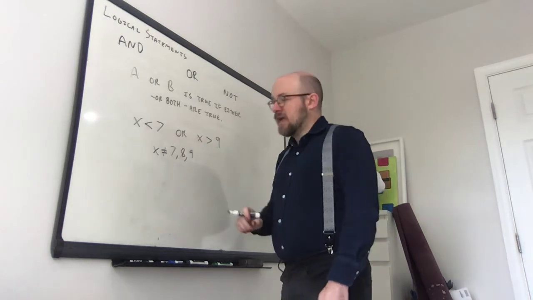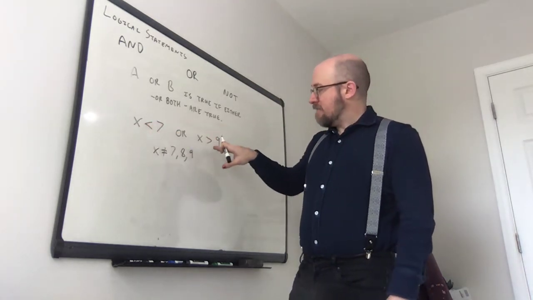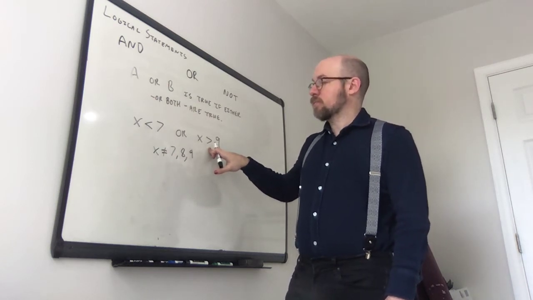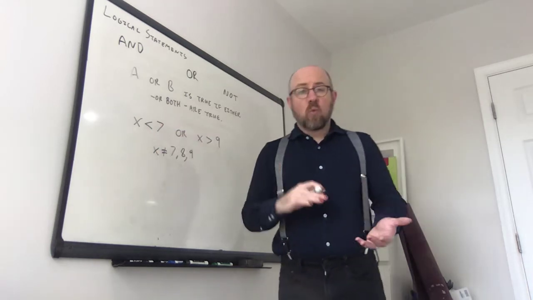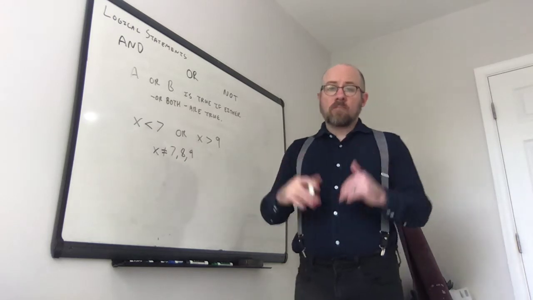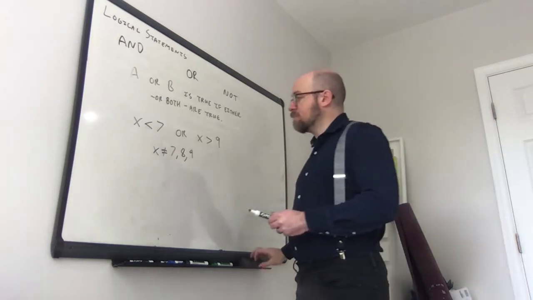So for example, if x is equal to 3, this statement is true. If x is equal to 12, this statement is true. Now, if x is equal to 12, this one isn't true, but we only need one of them to be true, okay? So one or both of them has to be true to make the whole statement true, okay?